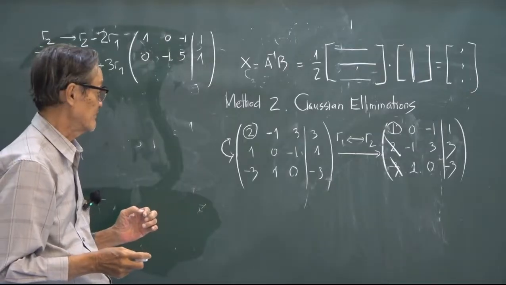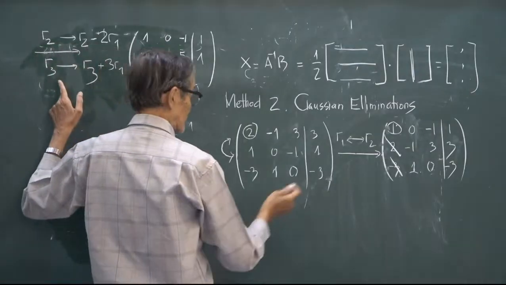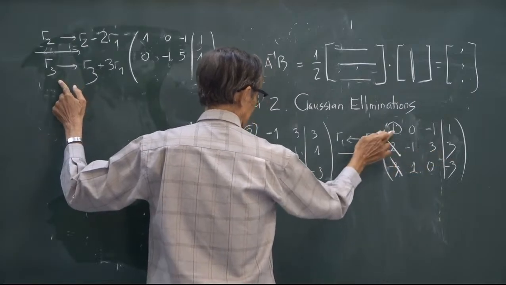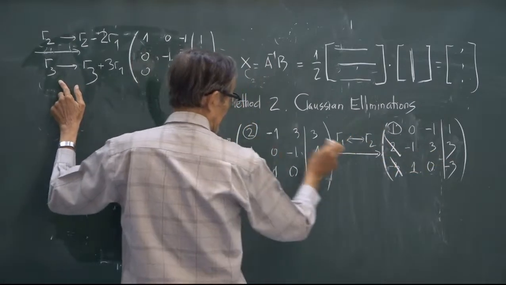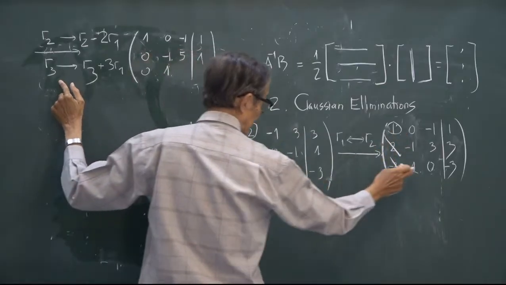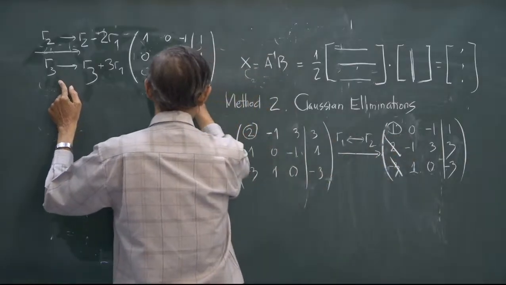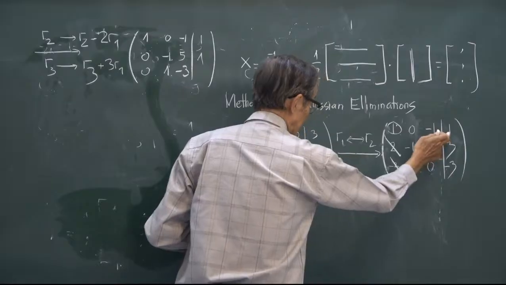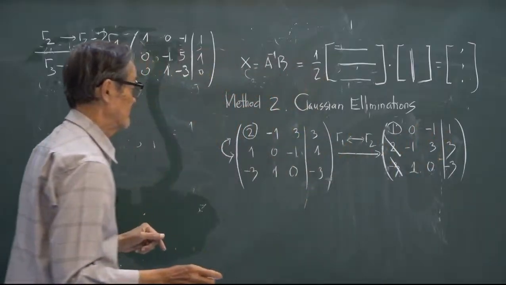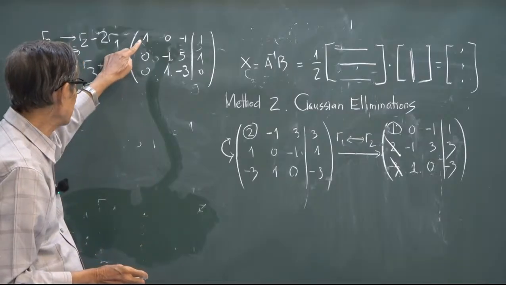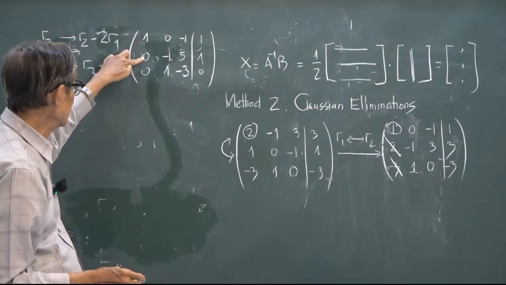And transform row 3: plus 3 of this, 0; plus 3 of this, 1; plus 3 of this, 3 minus 3, 0. Okay. 1x, 0x, 0x.